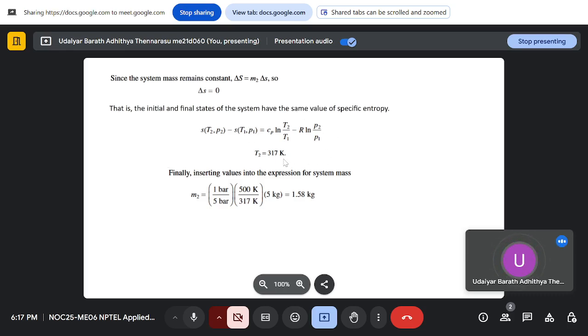That is equivalent to a reversible adiabatic expansion process, so you can use that also to find T2, which equals 317 Kelvin. Finally, substituting these values, we find that the mass present at the end of the process is 1.58 kg.